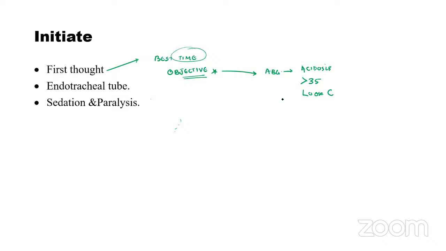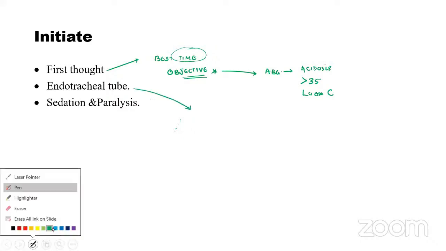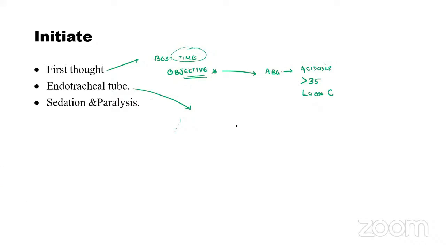And of course, whenever the ABG is worsening. So these are all objective ways to put the patient on ventilator or to support the patient on ventilator. Now, whenever you think that I need to put this patient on ventilator, the first thing you will have to do is an endotracheal intubation, which we will see now.